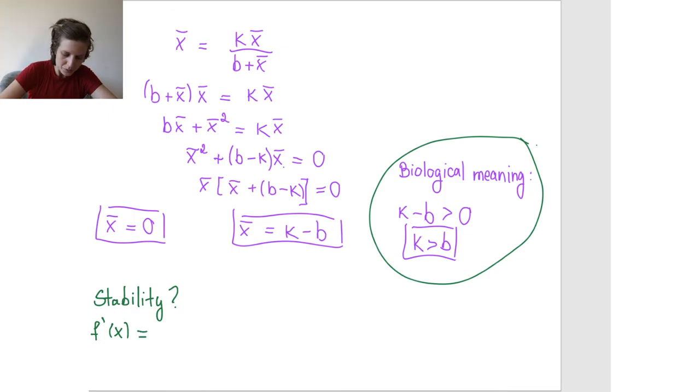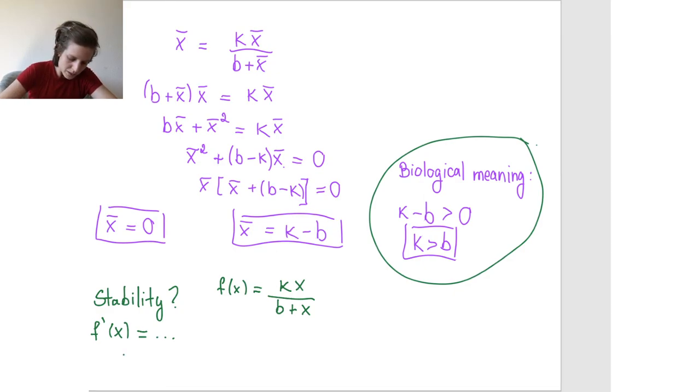Our f of x is given by k times x divided by b plus x. And then after calculating this derivative, you are going to analyze the stability for each steady state.